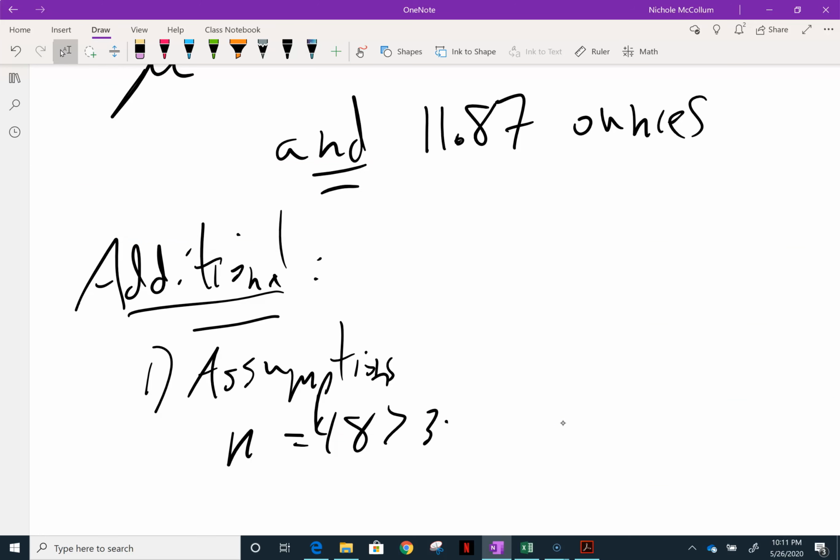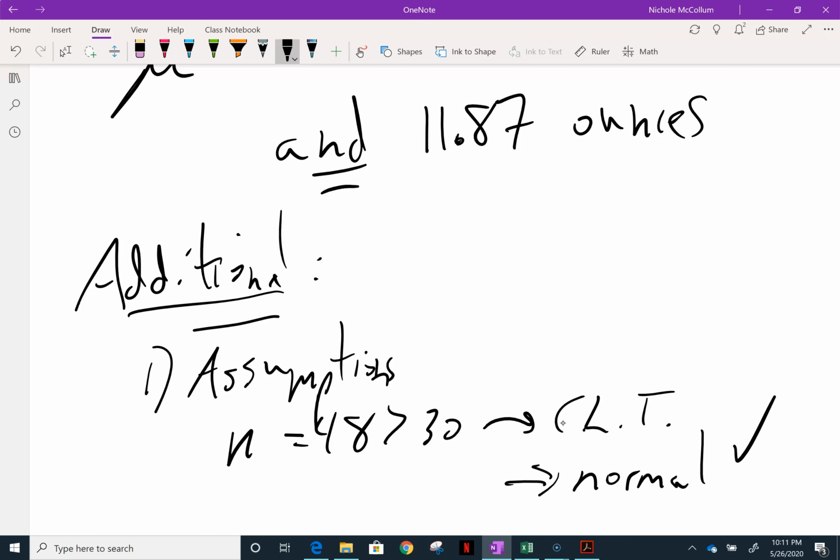That's well over the 30 barrier for the central limit theorem, and that gives me normal, and I'm happy. Normal allows me to utilize the t distribution. What right do you have to use the t distribution? My right is my sample size is large enough. So guys, if you can pick your sample sizes large enough, do that so you get the central limit theorem to kick in for the normality.